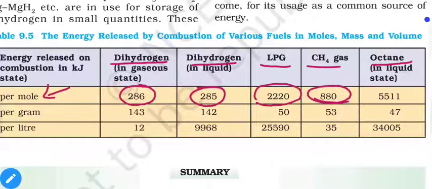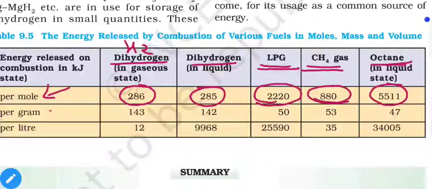And this figure increases even further with LPG, and the highest will be observed in octane. And it is obvious because in case of hydrogen we have only H2, whereas LPG uses butane, we have methane which contains 4 hydrogens and 1 carbon, and octane, that means we have 8 carbons and 18 hydrogens. So it contains the highest number of particles, so obviously it will release a comparatively high amount of energy.